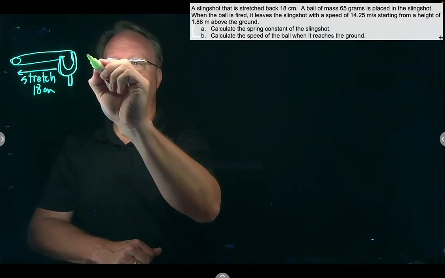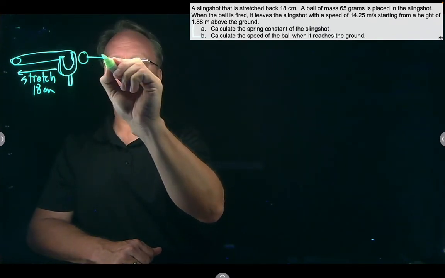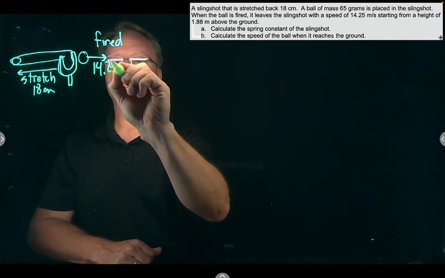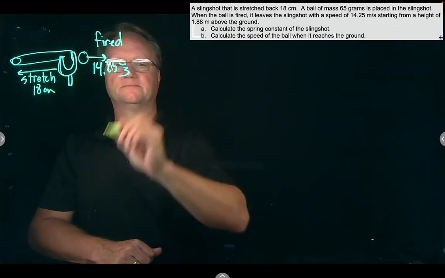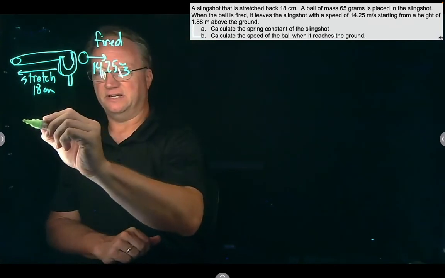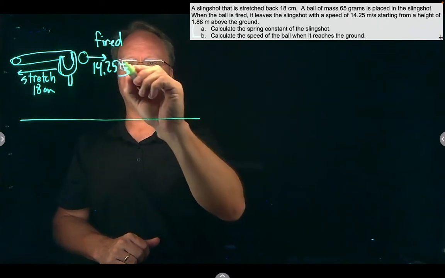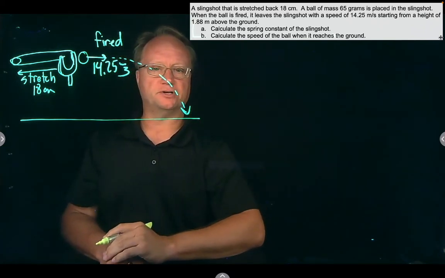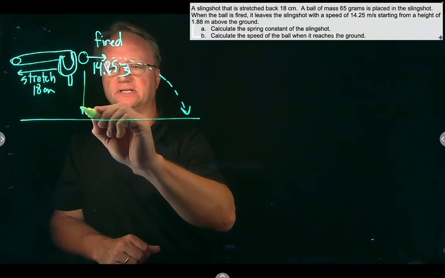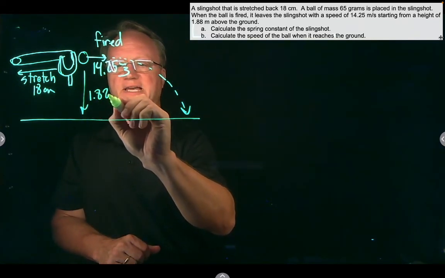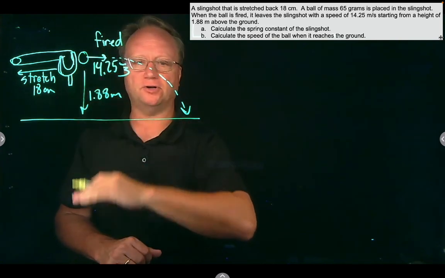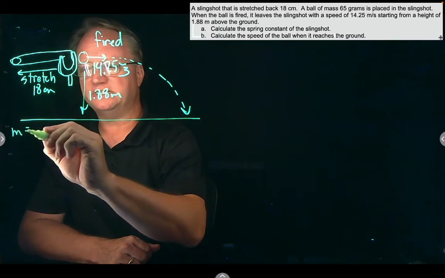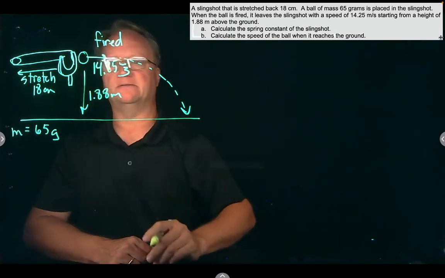The ball is fired at 14.25 meters per second. And we have the ground in here, so the ball travels on and reaches the ground over here somewhere. That ground is 1.88 meters below the level of all this original stuff. And then we also know the mass of the ball, 65 grams.